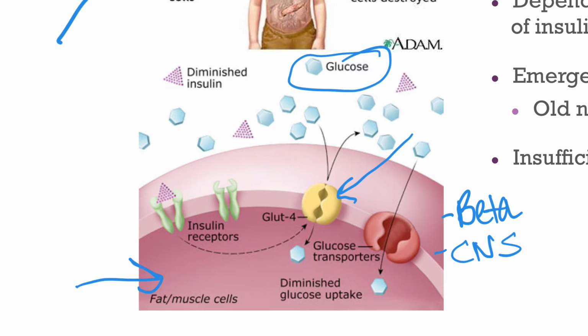However, if glucose is accompanied by insulin here in this triangle, then it's a different story. So insulin binds to its own insulin receptors, these fun dimerized receptors.